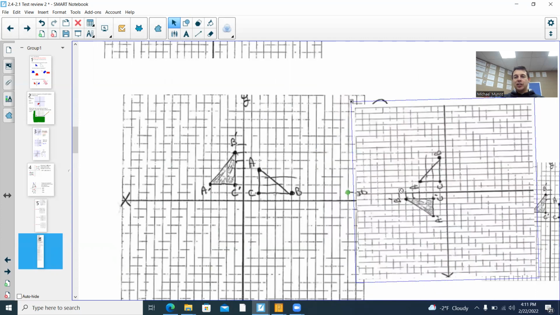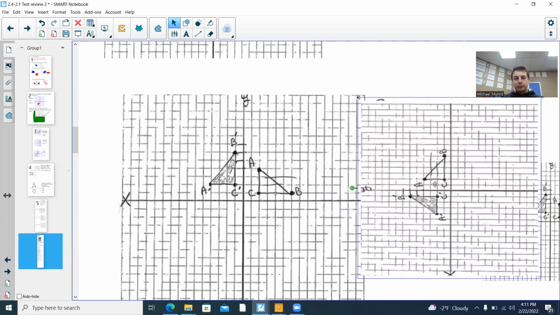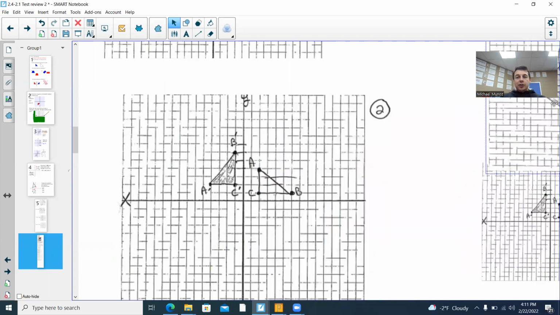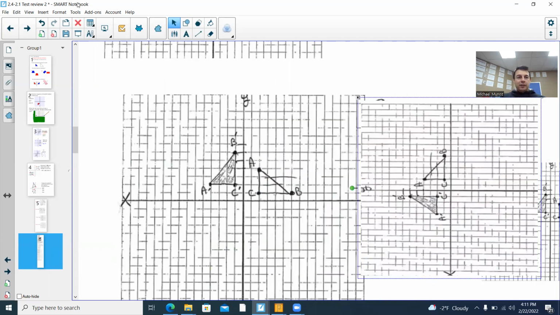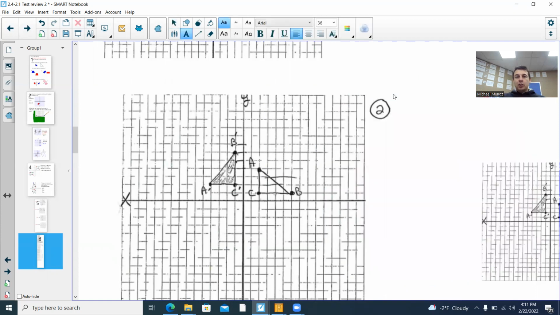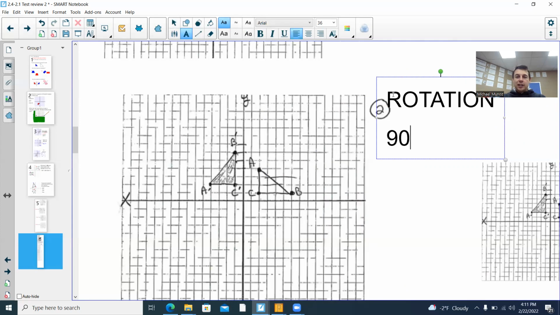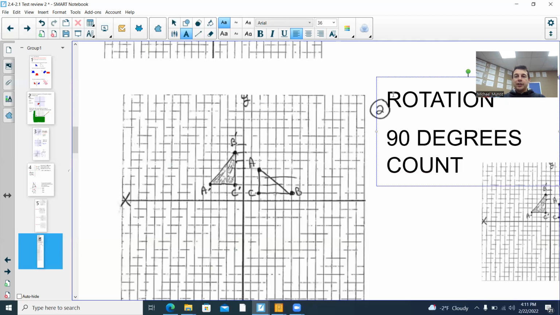Remember, left is counterclockwise. So your answer on this one would be rotation 270, or even better, rotation 90 degrees counterclockwise.